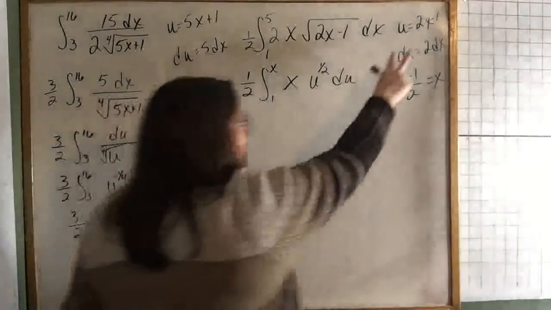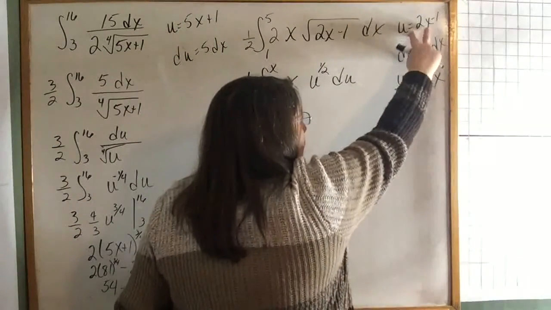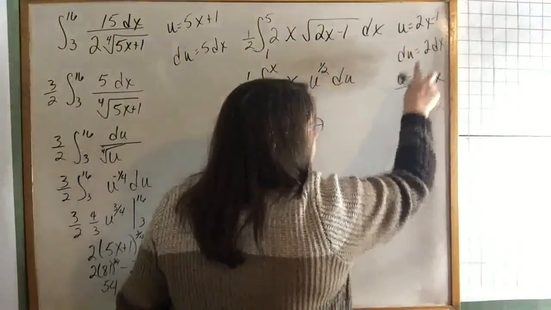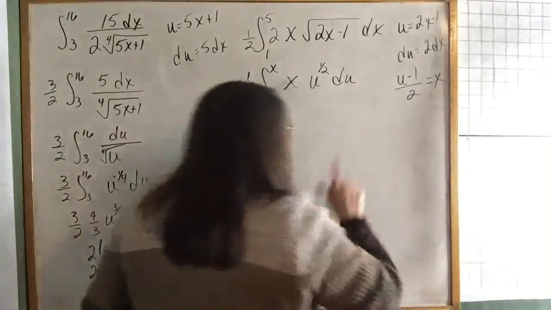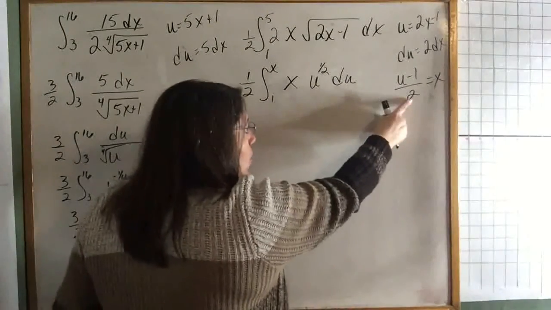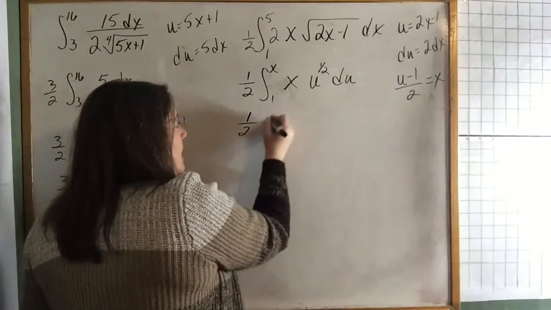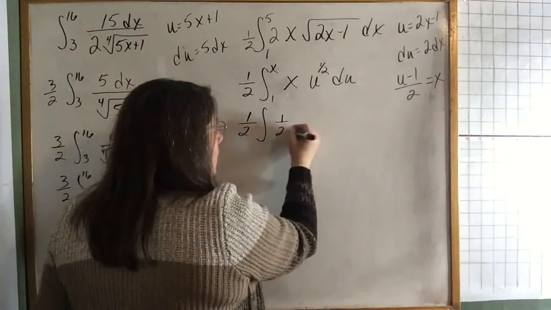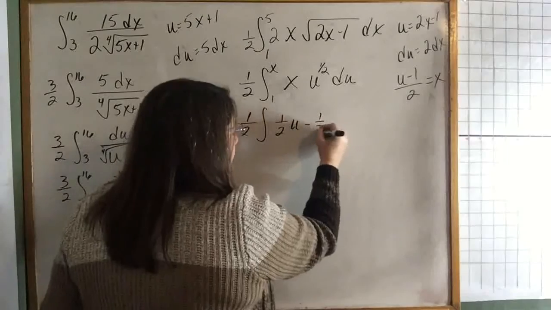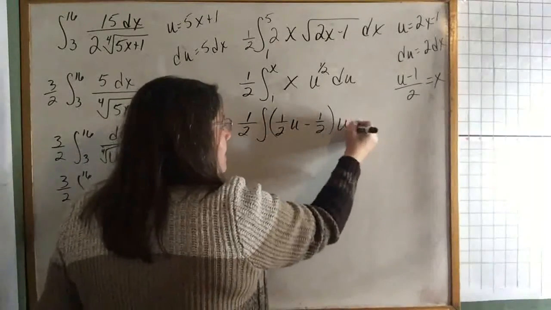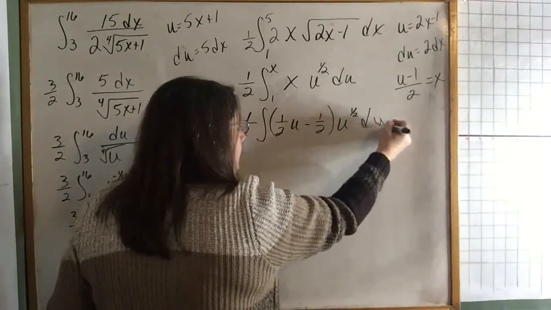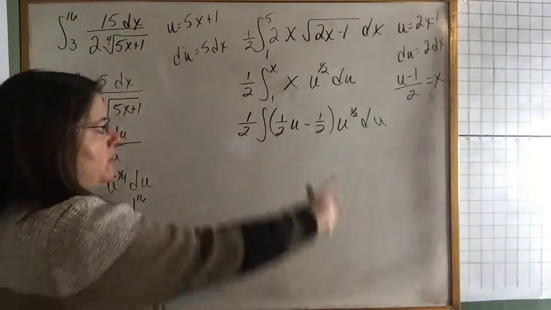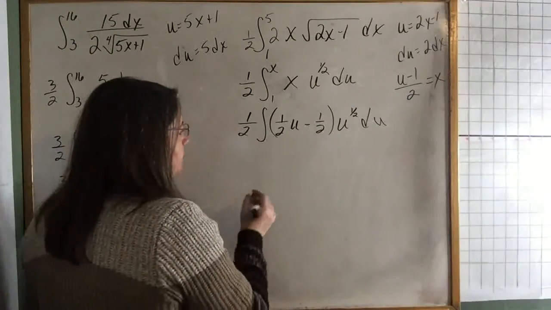So I went up here and I decided what x is. If I subtract 1 from u and then divide by 2, I will have what x is. So I can replace x with what it equals. So if I do that in the next step, I have a 1/2 u minus 1/2 as my x, and that's times u to the 1/2 du. So I'm going to distribute the u to the 1/2.